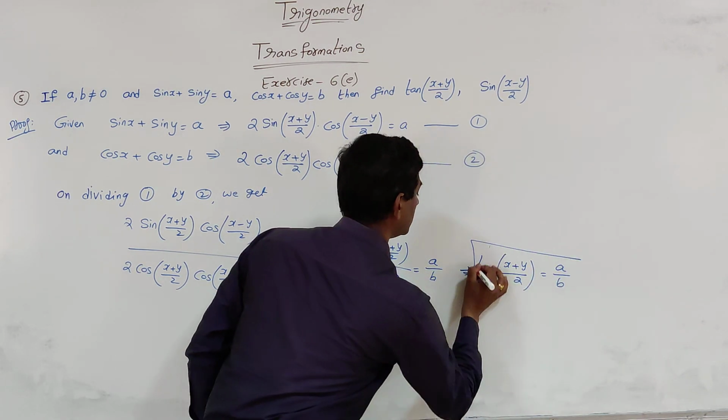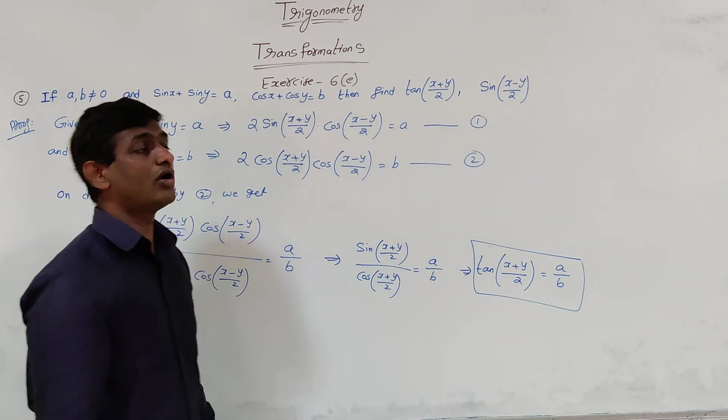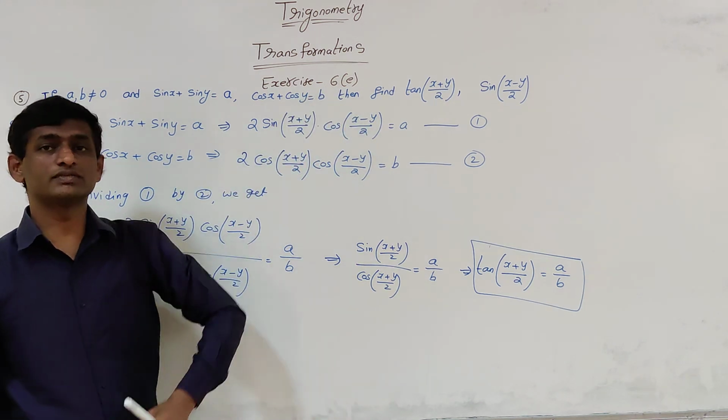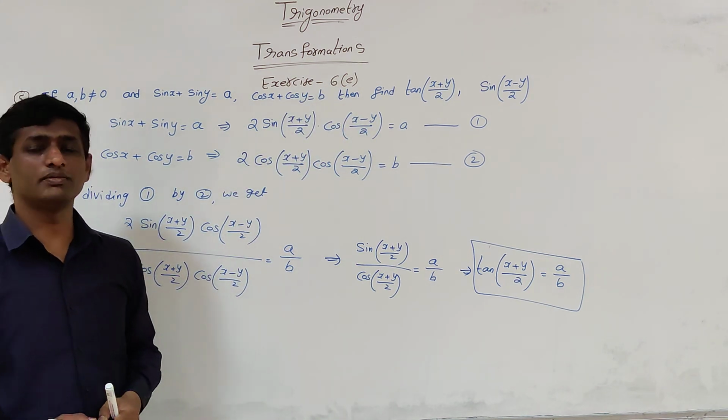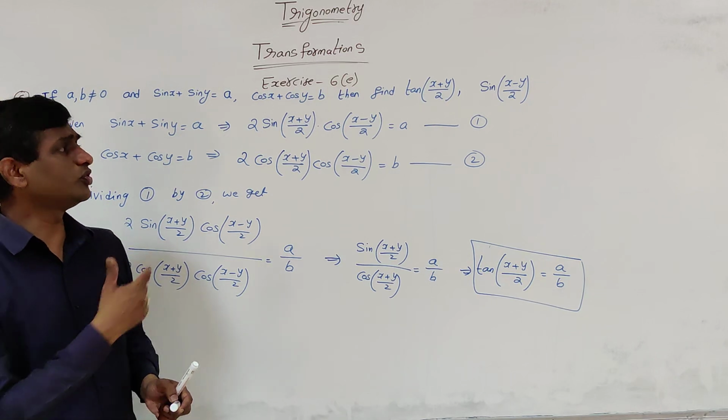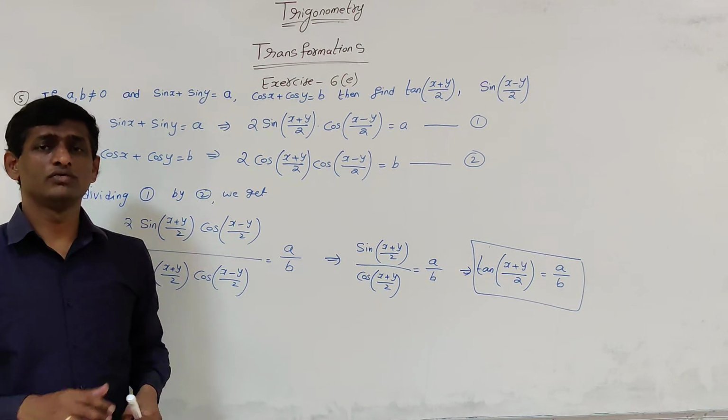So that is the first value of the question. Tan of (x plus y) by 2 is a by b. Next, in order to find sin of (x minus y) by 2, we will see the proof.